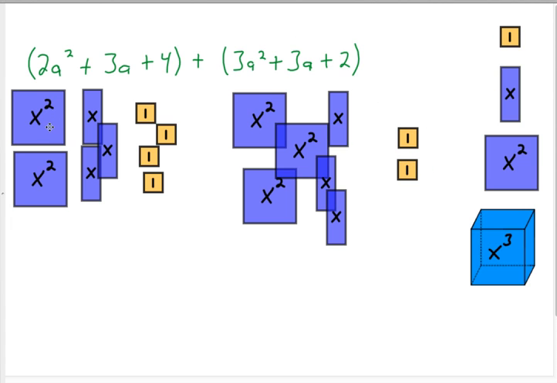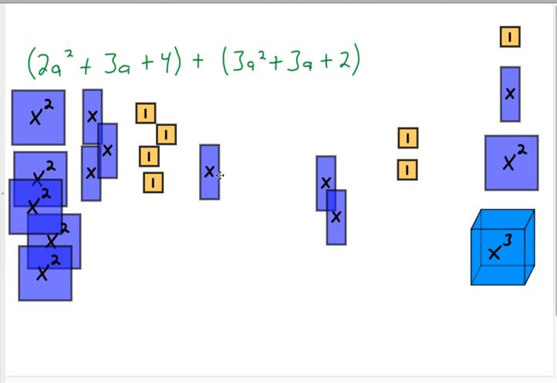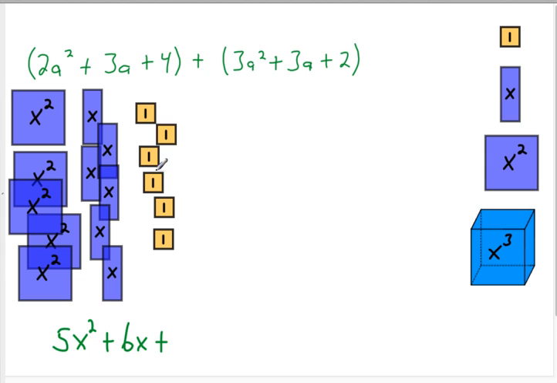And when we want to combine them together, we can put all the x squareds together. So we got 5 of those, we've got 6 x's, and we've got 6 1's. So the answer to the problem is going to be 5x squared plus 6x plus 6. Pretty easy when doing it with algebra tiles.